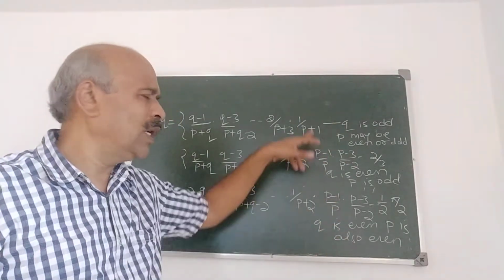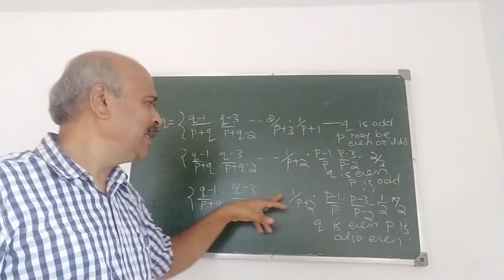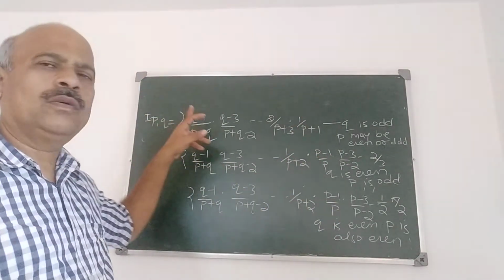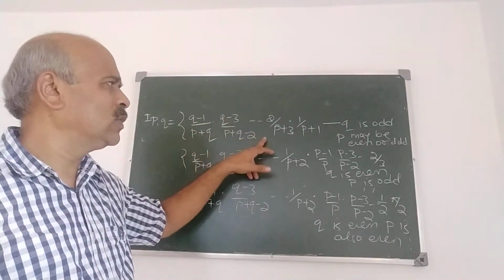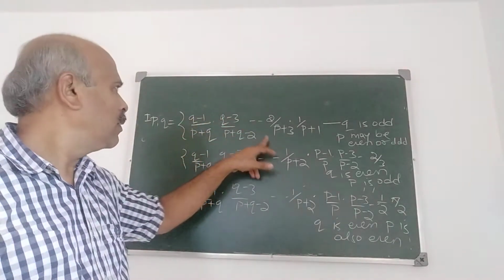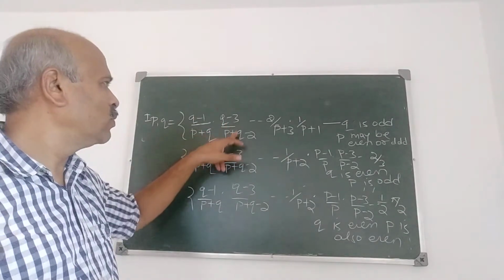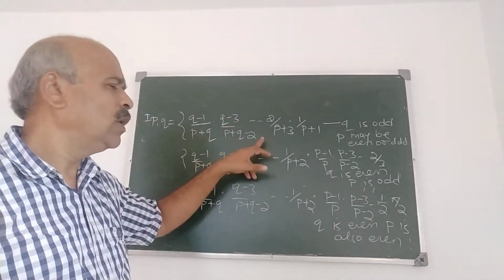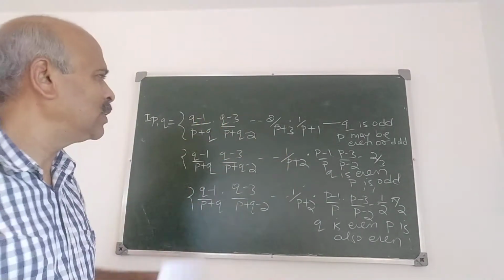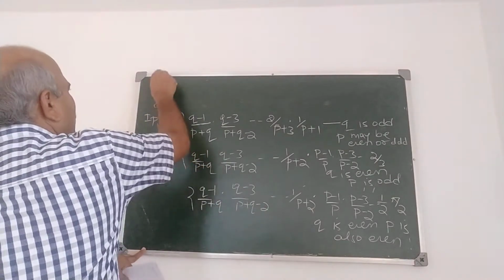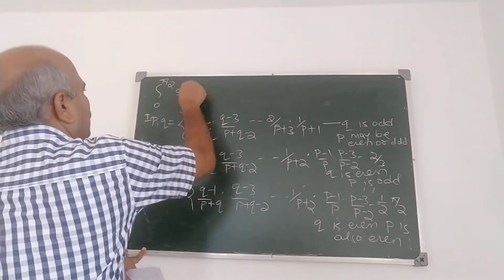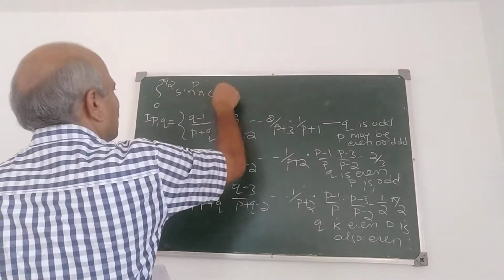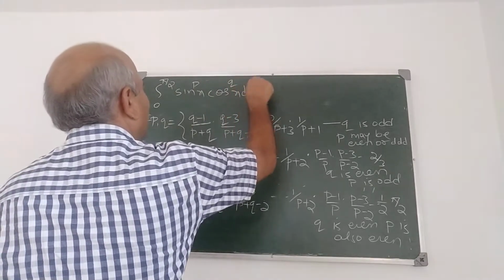Here also, we have a simple technique. What is that? The integral from 0 to pi by 2 of sin x raised to p cos x raised to q with respect to x becomes q minus 1 by p plus q, q minus 3 by p plus q minus 2, and so on.